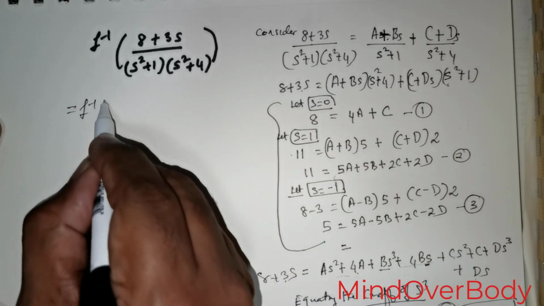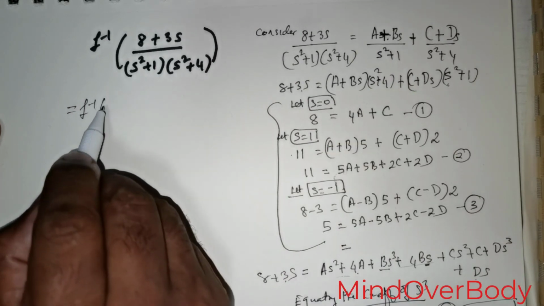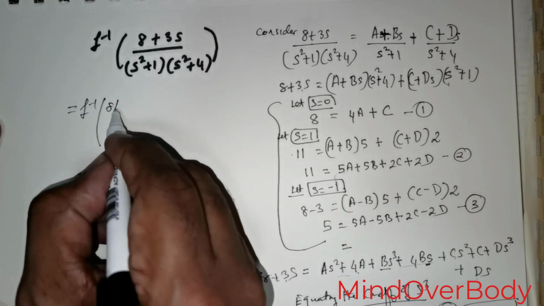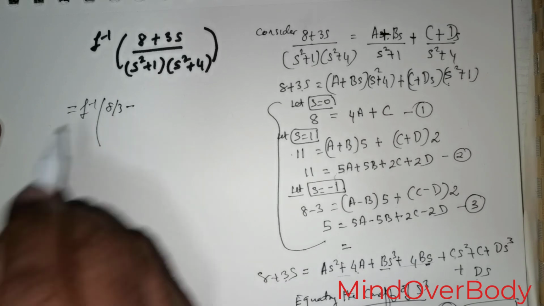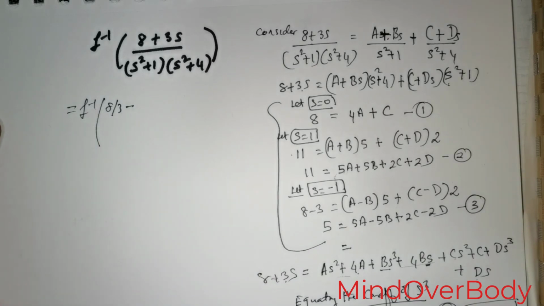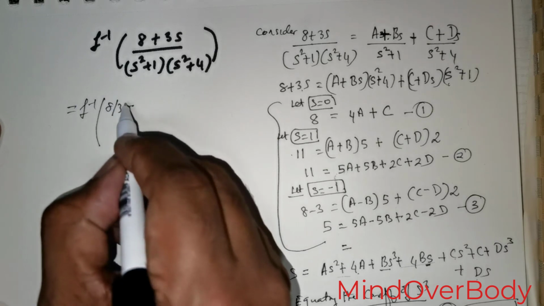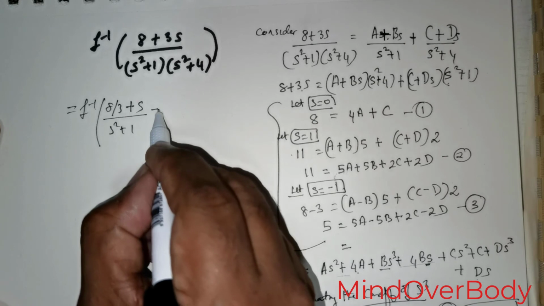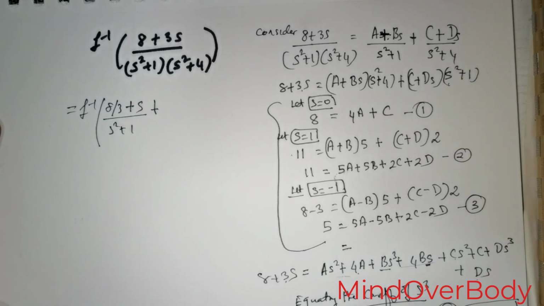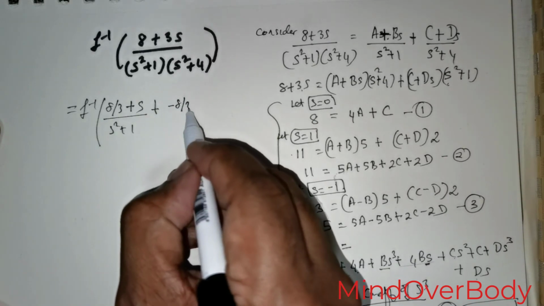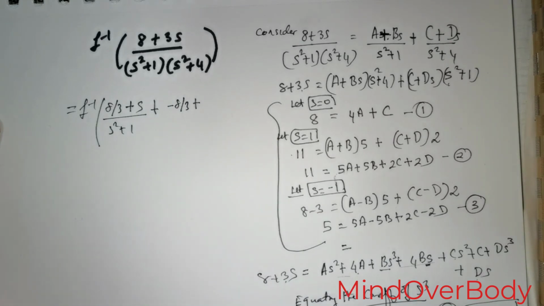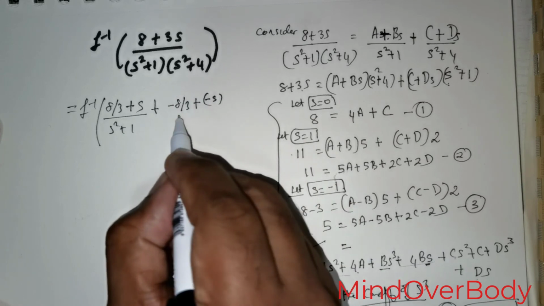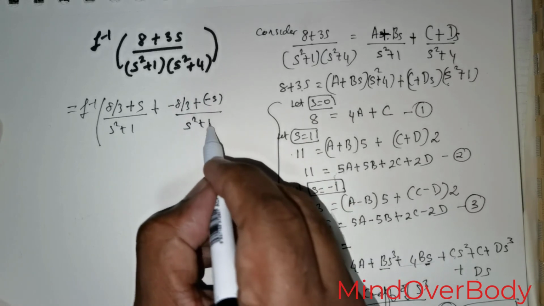So this is equal to L inverse of my a is 8 over 3, and my b is positive 1 divided by s squared positive 1. My c is negative 8 over 3. My d is negative 1. That's going to be negative s divided by s squared positive 4.